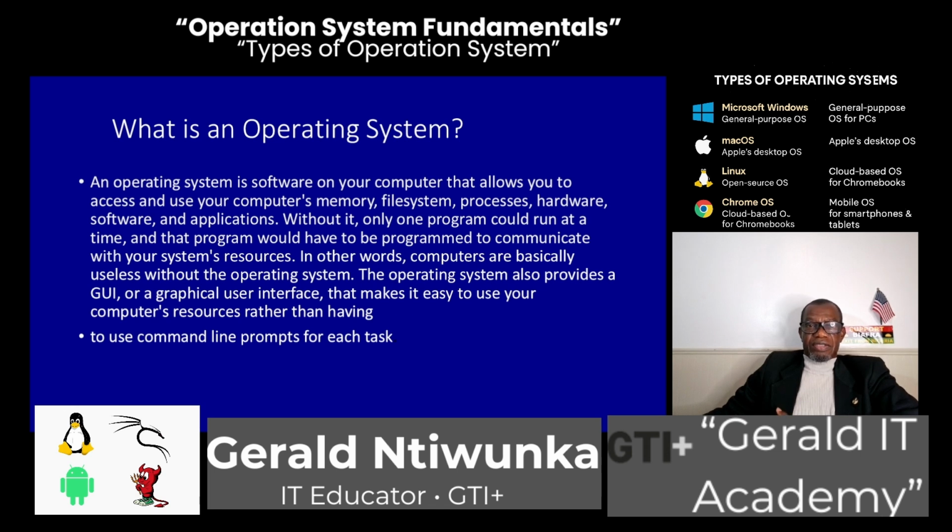In other words, computers are basically useless without the operating system. The operating system also provides a GUI, or graphical user interface, that makes it easy to use your computer resources rather than having to use a command line prompt for each task.